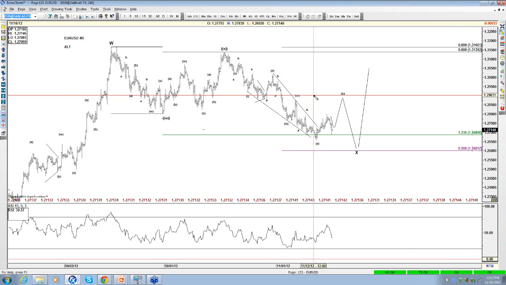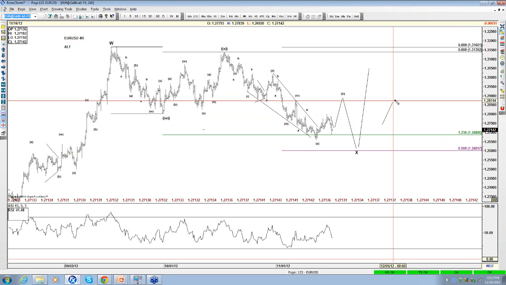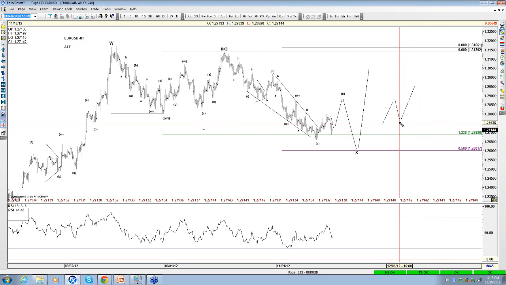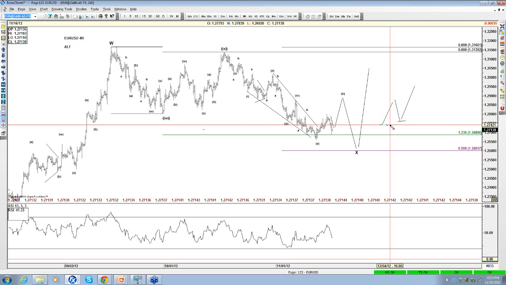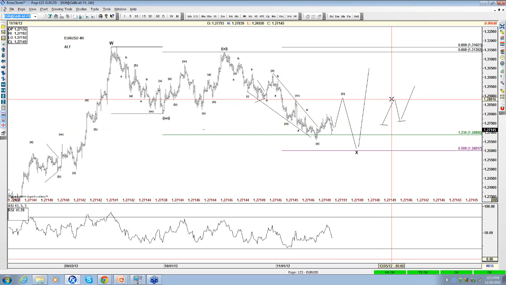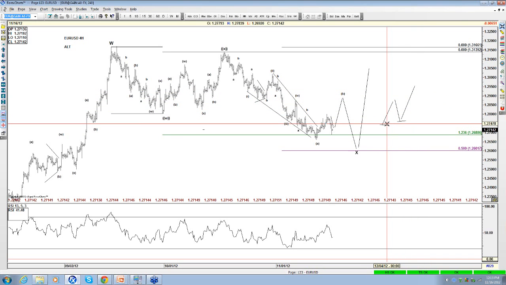So let's start with the first one. In an ABC, you're asking if the RSI can go in the B below the A, right? That's your question right there. No, it cannot pass the beginning of the A. In the ABC, it's the same as on the waves. It cannot pass the beginning of the A wave.